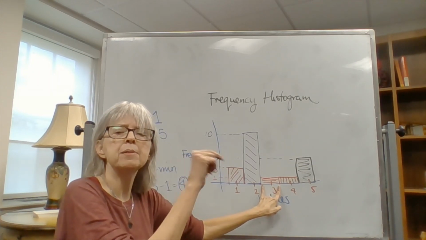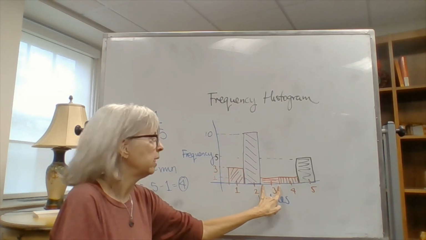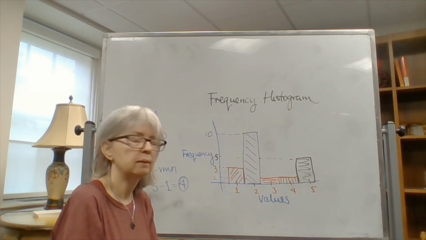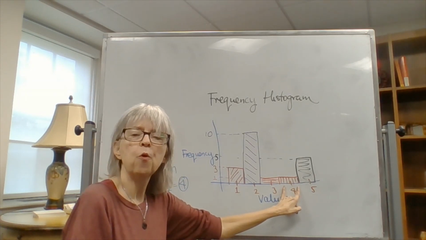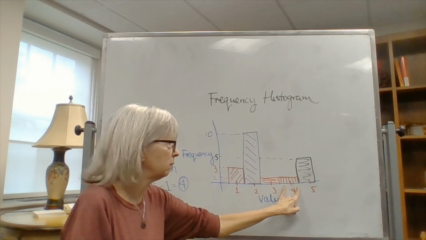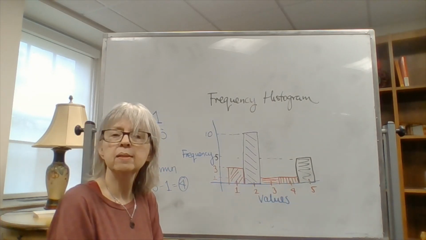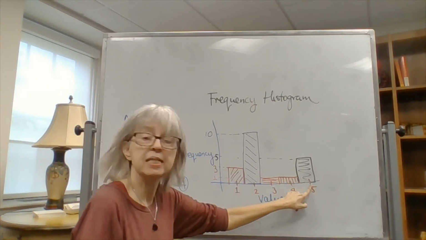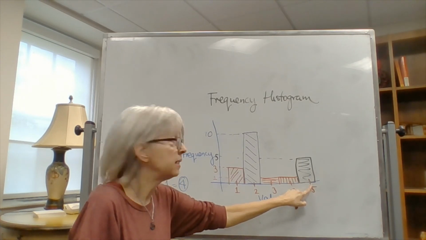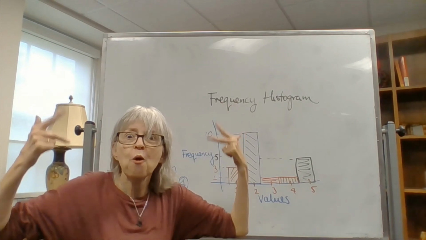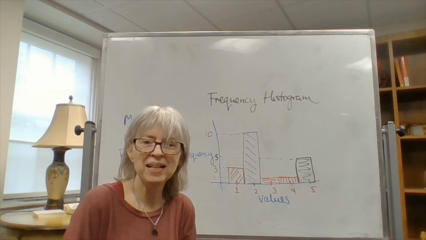How many times did 3 appear in my data set? Once. How many times did 4 appear in my data set? Once. How many times did 5 appear in my data set? Ooh, 5 times. You know what? I now know my data set.